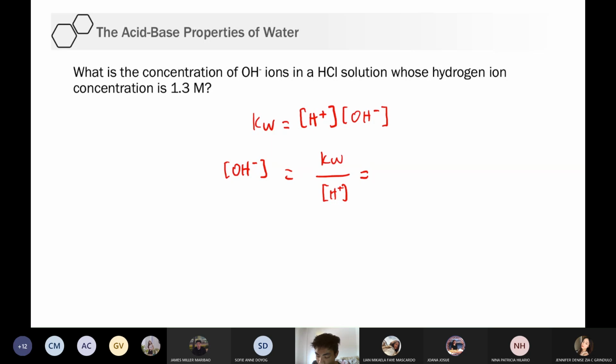By the way, kapag ganitong equations involving equilibrium constant, hindi ko nilalagay yung unit during calculation, kasi the units will never cancel out eh. Sa dulo mo na lang ilagay. So, yung KW mo, that's 1 times 10 raised to negative 14. Yung H plus mo, ano yung concentration ng H plus? Sabi sa problem, 1.3 molar. Okay. So, let's divide them. So, we get OH minus equal to, solve natin.